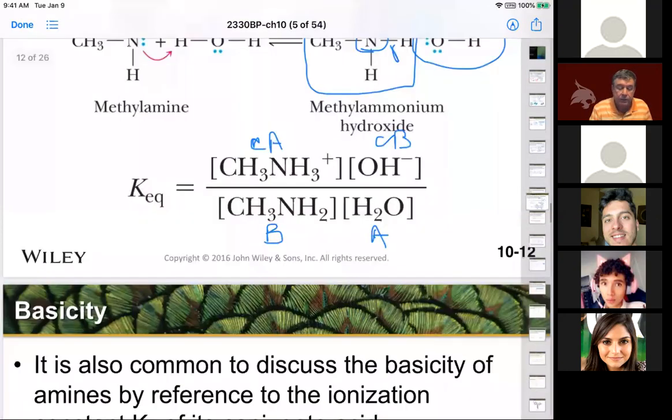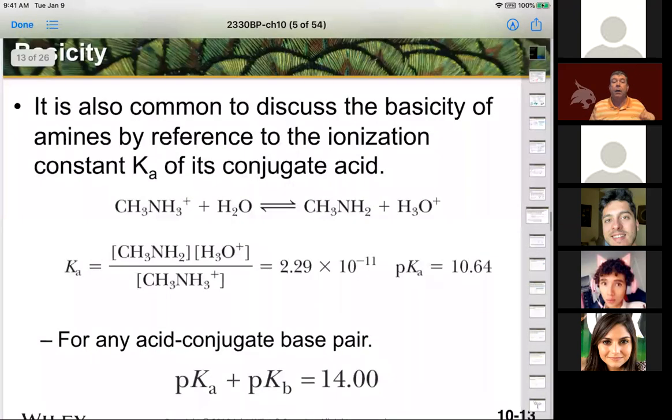So we actually start to look at how basic the material is, basically how strong it is. And the way we can derive that is that the pKa scale that we're very familiar with right here, turns out pKa plus pKb equals 14.